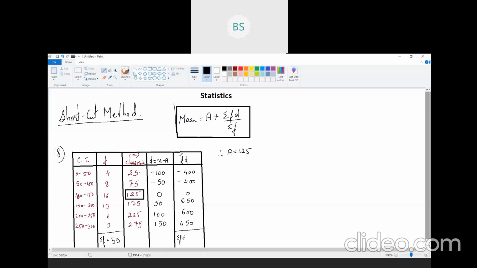And here you have to find out sigma fd. Now here what I do is the negative is minus 800 and this I write as 1700. So sigma fd will be 900.